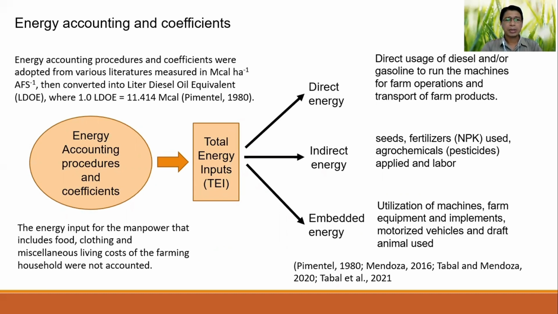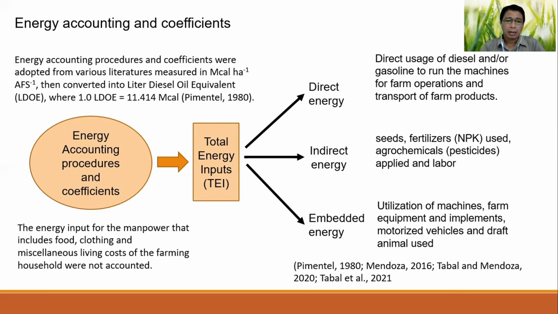Energy accounting procedures and coefficients were adopted from various literatures, measured in Mcal per hectare per agroforestry system. Then it was converted into liter diesel oil equivalent, where 1 LDOE is equal to 11.414 Mcal, according to Pimentel in 1980.